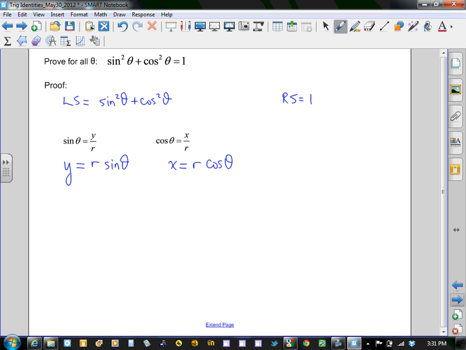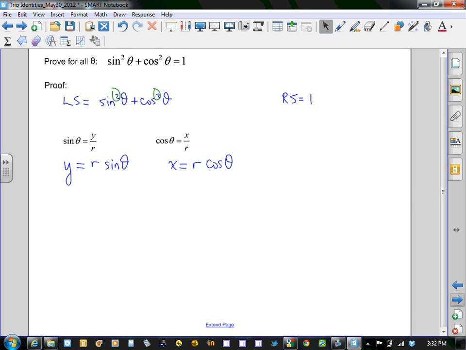Now, notice what we have in the equation. Both the values of sine and cosine of theta happen to be squared. So we're going to draw upon the idea of Pythagoras' theorem, hence the reason why it's called the Pythagorean identity.